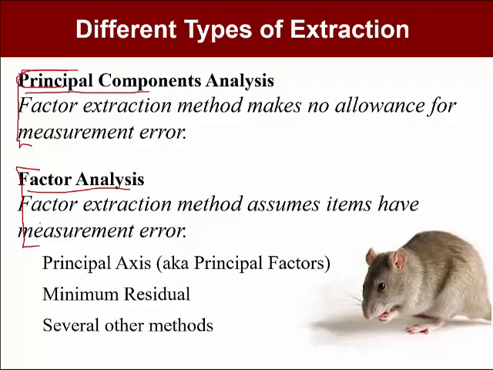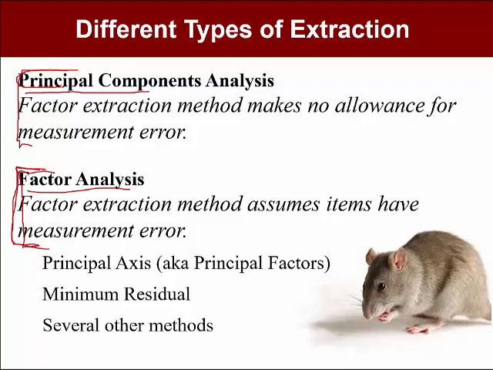That is, if I have a set of items that are indicators of a factor, with factor analysis, I assume that my items do not perfectly indicate the factor, that my items have some degree of measurement error, that is, there's some degree of unreliability, and so I want to take into account that unreliability, that measurement error, when I calculate results for my factor analysis.